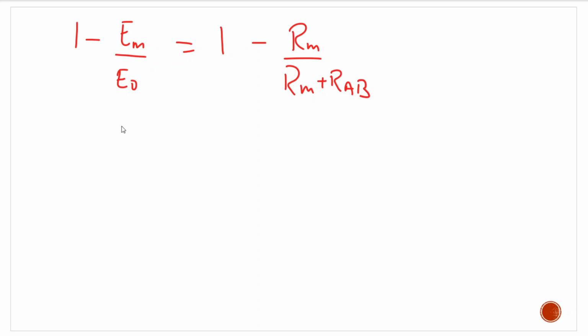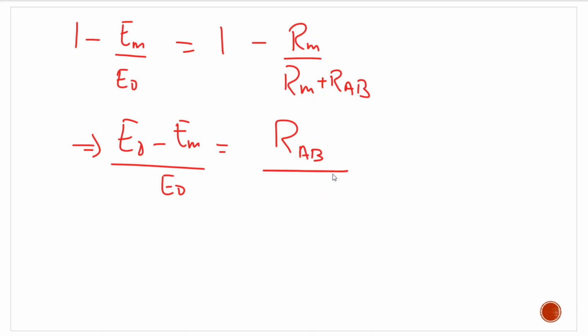which implies 1 minus EM divided by E naught is equal to 1 minus RM divided by RM plus RAB, which is equal to E naught minus EM divided by E naught is equal to RAB divided by RM plus RAB.